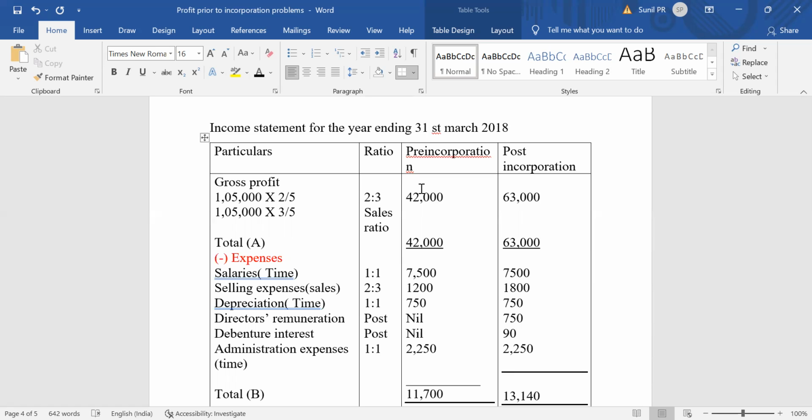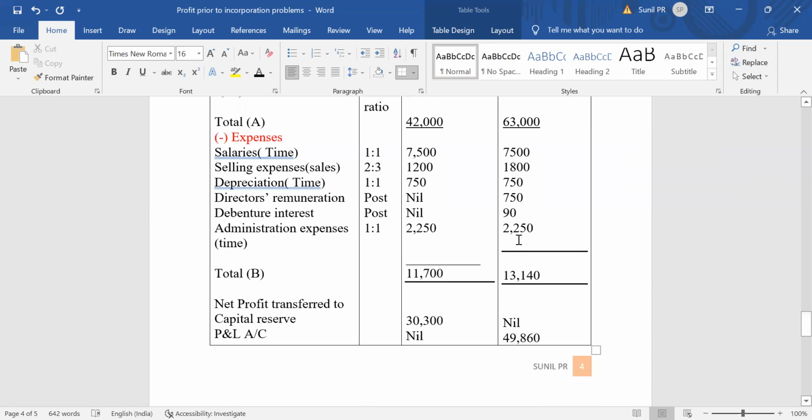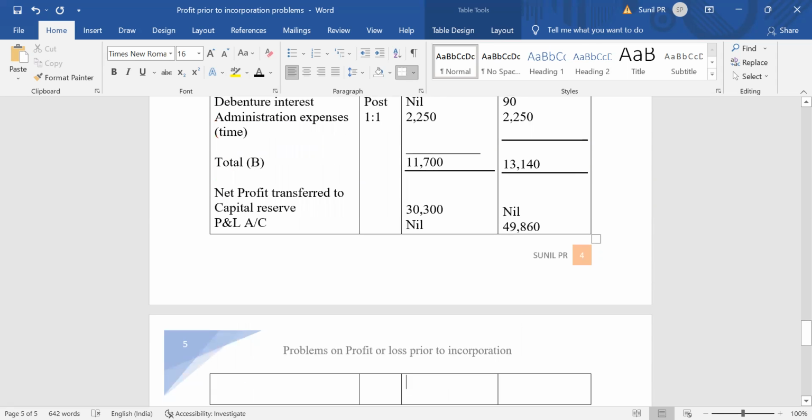So now just write this total only. Gross profit total, whatever is there, write it here also. Just below this 30,300, write 42,000.